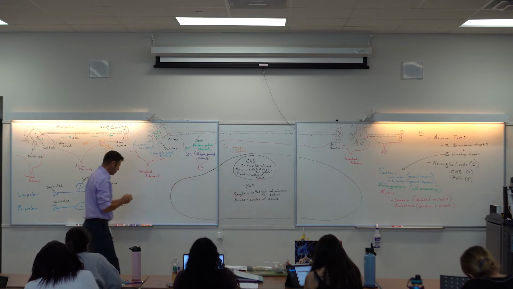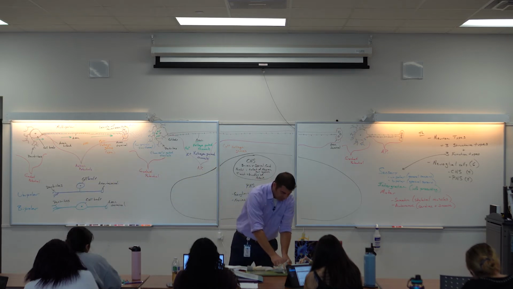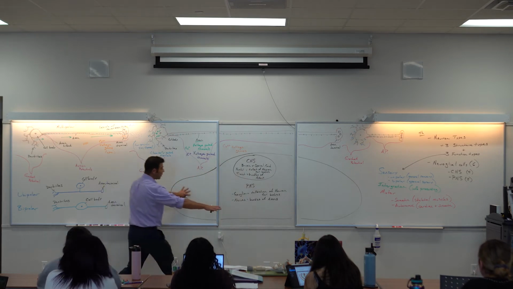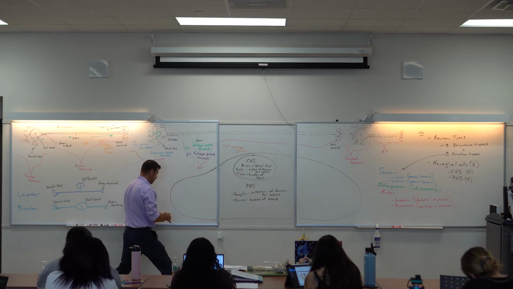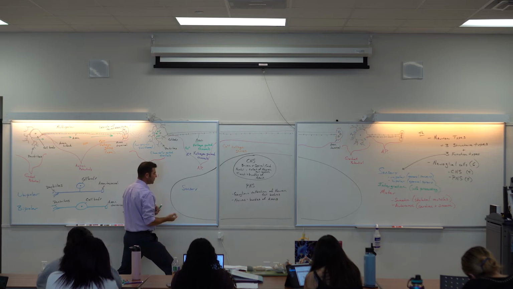Now that I've filled that up with plenty of space, let me see if I can answer Jose's question of sensory versus integration neurons. Out here in the peripheral nervous system, we're going to have sensory neurons. We know there's two types of sensory neurons, general sensory and special sensory.